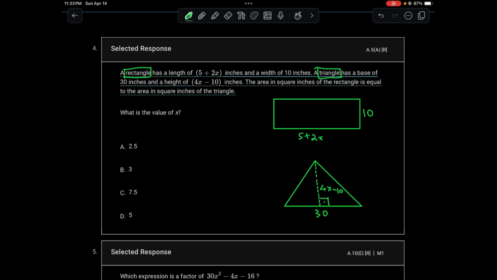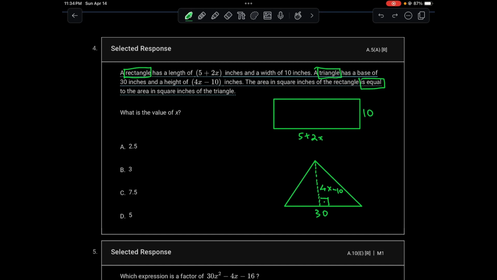Okay, the area in square inches of the rectangle is equal to the area in square inches of the triangle. So those two figures have the same area.